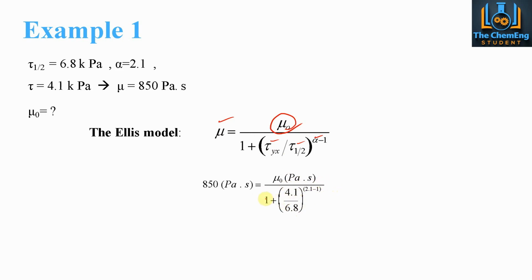We then add that to 1, bring that across and multiply it by the 850. You would pop that into the calculator, and that would tell us that the viscosity at zero shear rate is 1337.2 Pascal seconds.